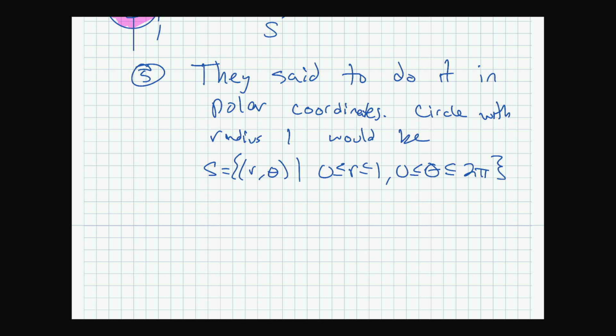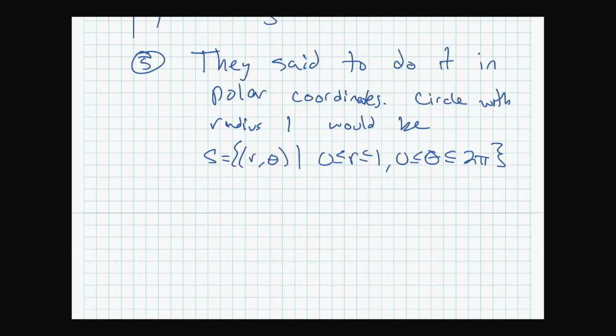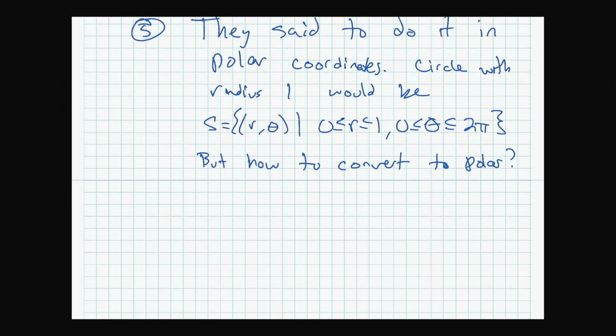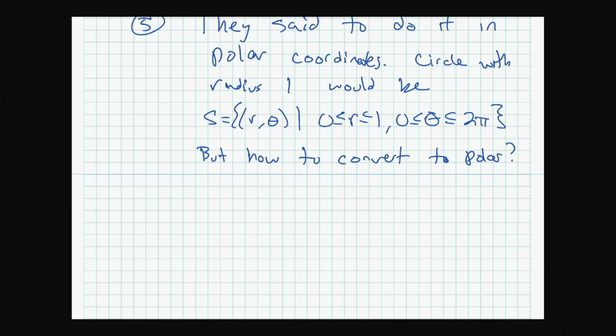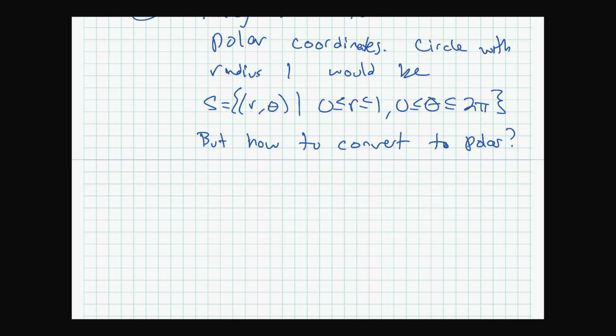But also, if you are going to use polar coordinates, don't we have to convert to r and theta? How to convert to r and theta? Well, basically just pretend that u and v are x and y and then do it like normal, right?